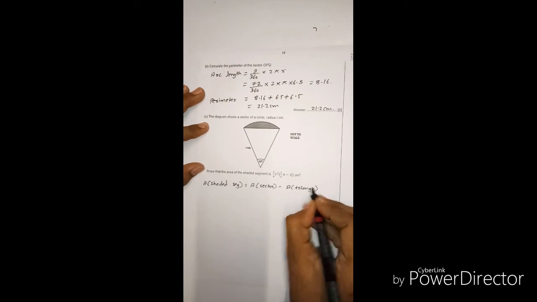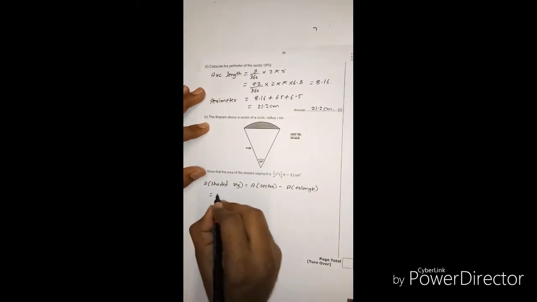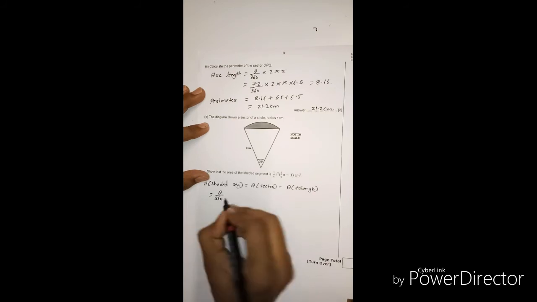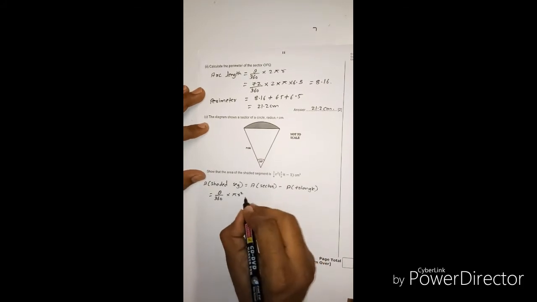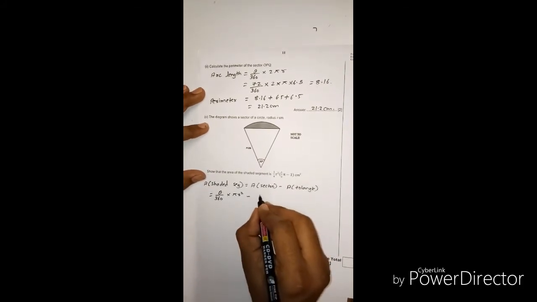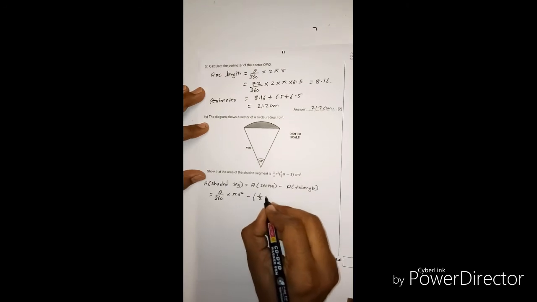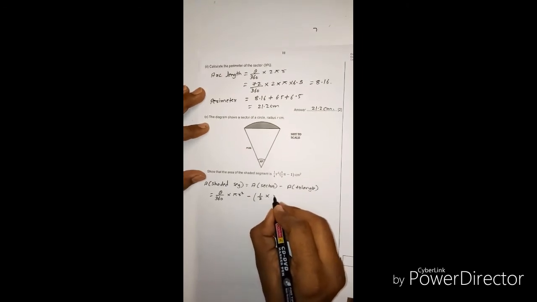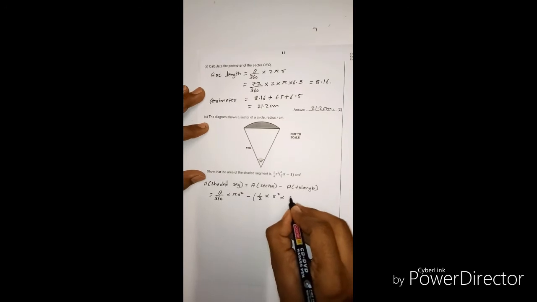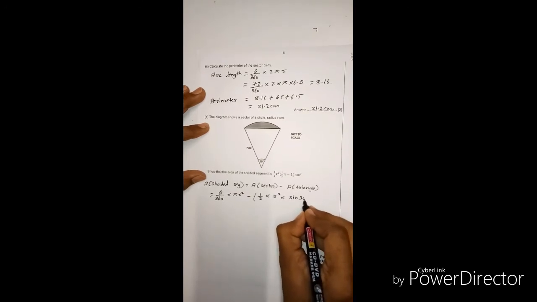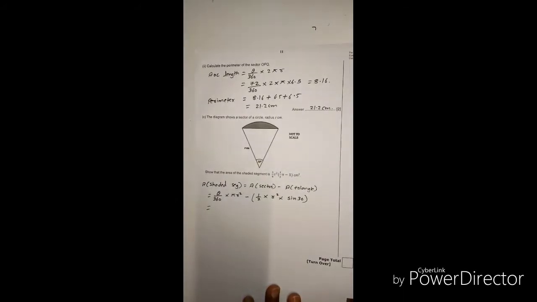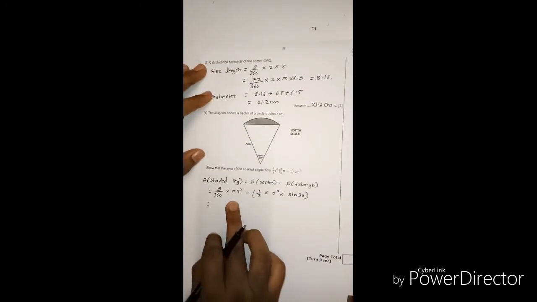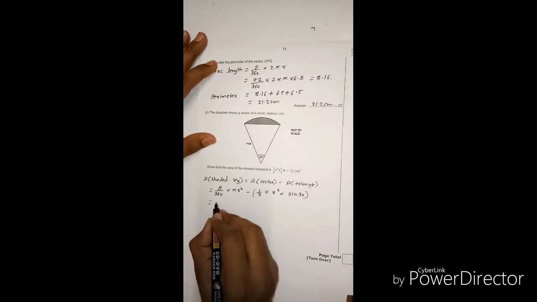So I know that area of sector is theta by 360 into pi r square, minus area of triangle, it's half into r square into sine 30. Now from these two values I can take half r square common, because I can see that this is the common part over here.